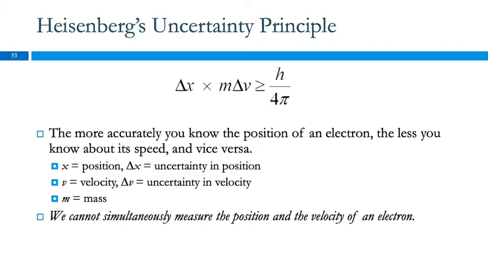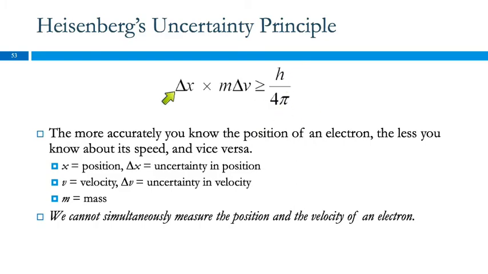Then we have the mass and the delta V, that's a V, velocity. So the uncertainty in the velocity. So the product of uncertainty in the velocity and uncertainty in the position has to be greater than this weird looking constant. Exactly what that is doesn't really matter, but this is a fixed number.